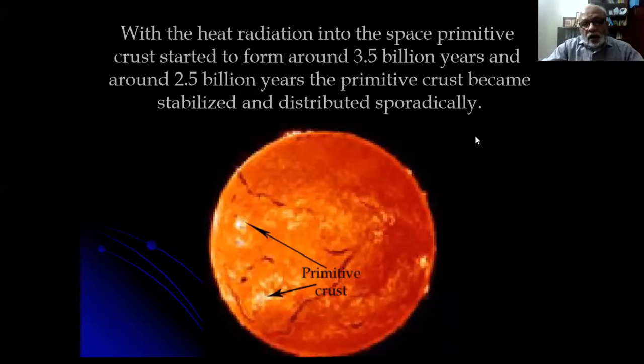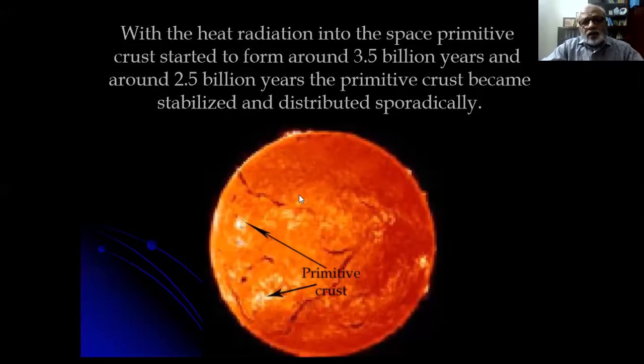But around 3.5 billion years, the primitive crust, you can see the white patches. These are the sporadic hard cover that started to emerge by radiation of heat. By radiating heat into the space, they started to form hard parts at the surface sporadically.